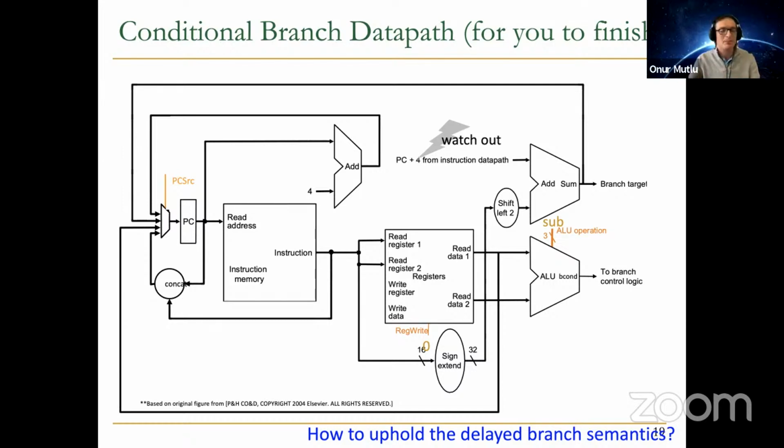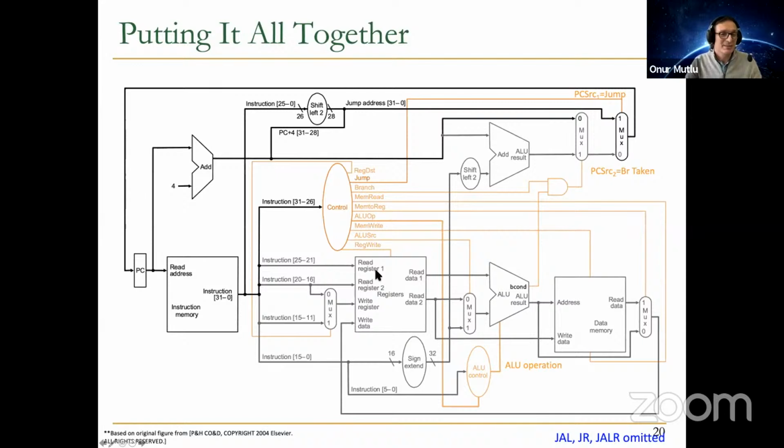But this will become more clear when we discuss pipelining. But we're going to ignore that because delayed branching is in general a bad idea. And we will discuss why it's a bad idea when we talk about branch handling in pipeline architecture. So for now, if you see delayed branch in your book, for example, or somewhere, ignore it.